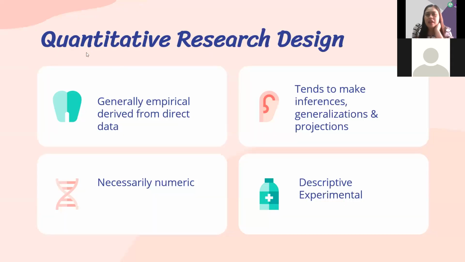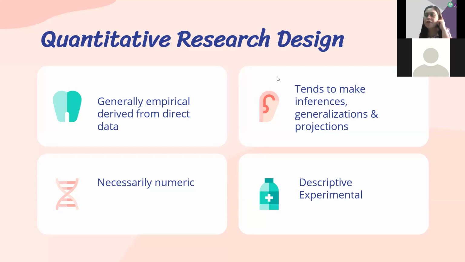But if you have identified that your study is a quantitative research because number one, you have your numerical data, and your data is empirical, meaning it will be gathered directly from experimentation or direct observation, or kayo mismo directly mag-gather ng information through interview or questionnaire.